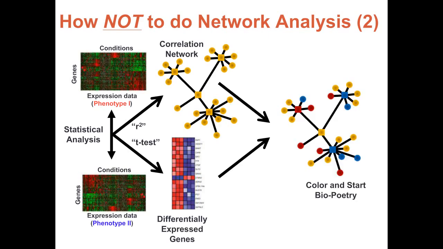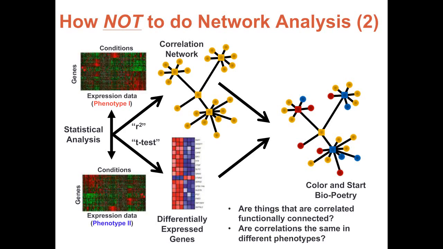Then you'll color the nodes of those correlation networks again and do your biopoetry. So one question is, are things that are correlated functionally connected? And are correlations the same in different phenotypes? Why are you aggregating all the data to perform these correlations?